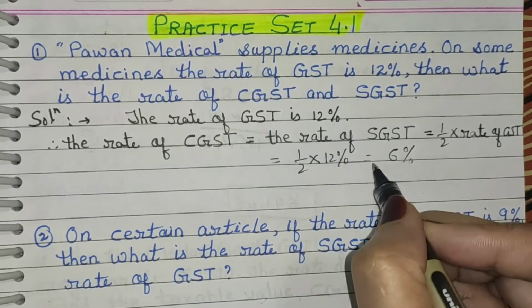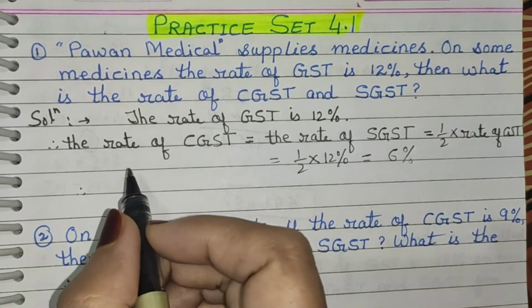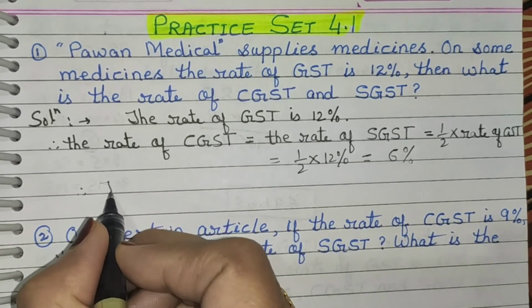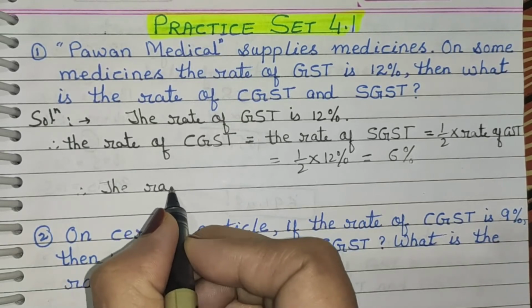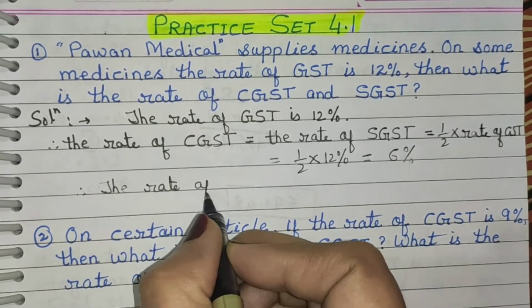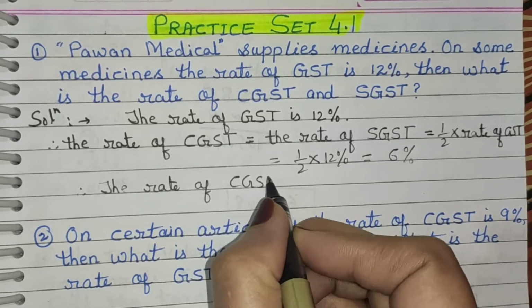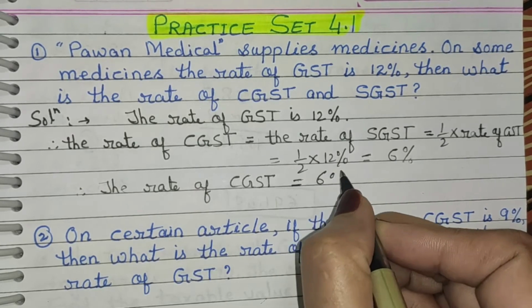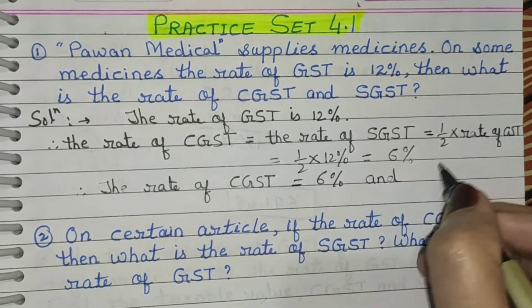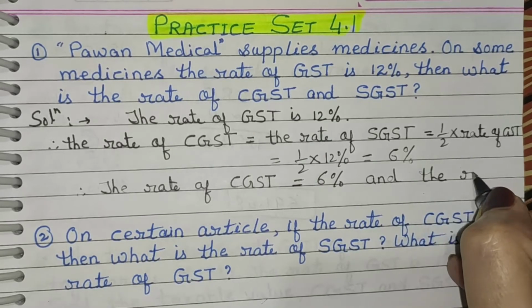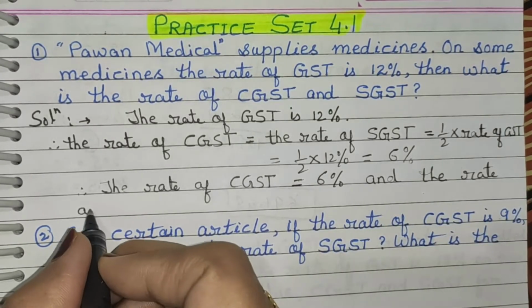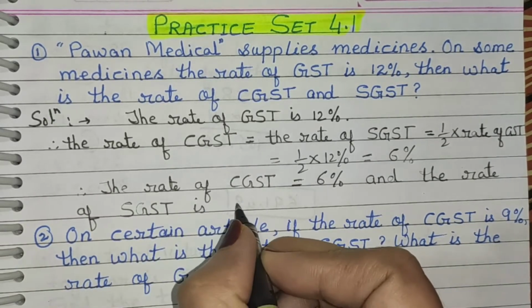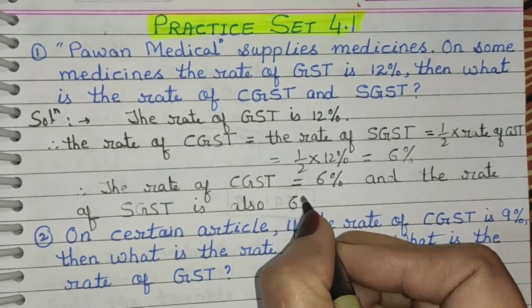We get here 6%. Therefore, write down the answer here. The rate of CGST is equal to 6% and the rate of SGST is also 6%.